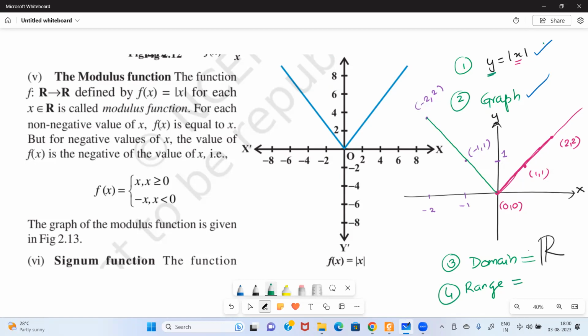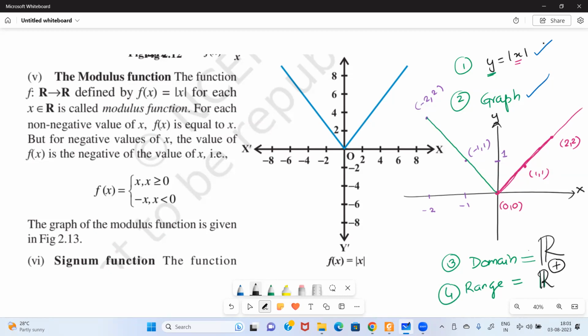Even if x is negative, mod x will make it positive. So y is only positive. So range is not the complete R, but what? What is range? Positive real numbers. Is that clear?